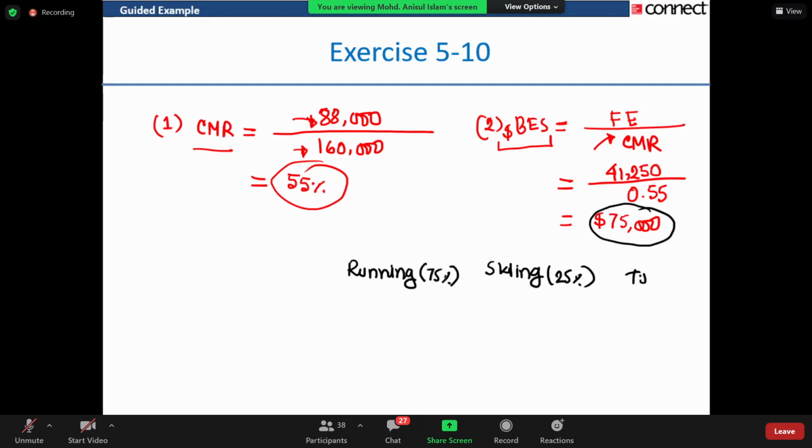So let me write a third column for total. Let me write the sales in terms of dollars. You see how much sales in total I can allocate for break-even. It should be 75,000. Now for running, what should be the break-even sales, and for skiing, what should be the break-even sales?